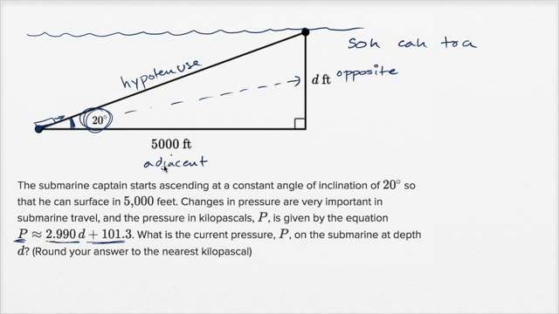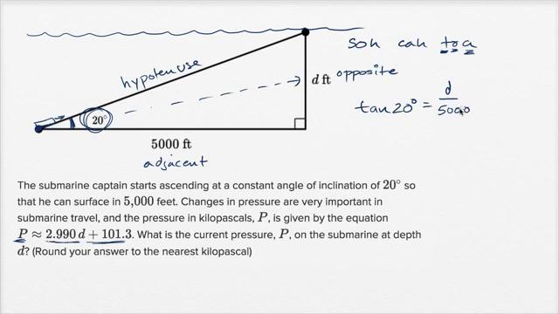Which trig function comes into play here? Tangent deals with the opposite and the adjacent. So the tangent of 20 degrees is equal to the length of the opposite side to the length of the adjacent side, so it's d feet over 5,000 feet.